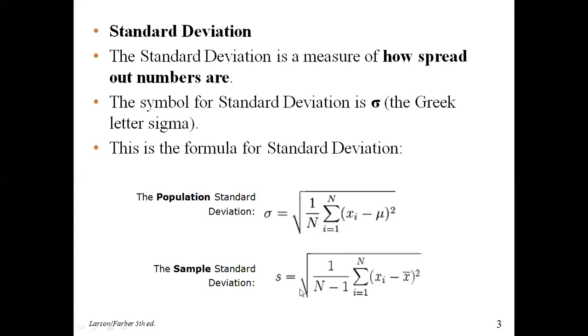And the standard deviation for a sample is written as s equals the square root of 1 by n minus 1, summation i equals 1 to n, (xi minus x bar) whole square, where x bar is the average, a summary of a sample which is drawn from the population, and mu is the parameter which represents the summary of the entire population. N is the total number inside the population, and n is the total number of variables in the sample.